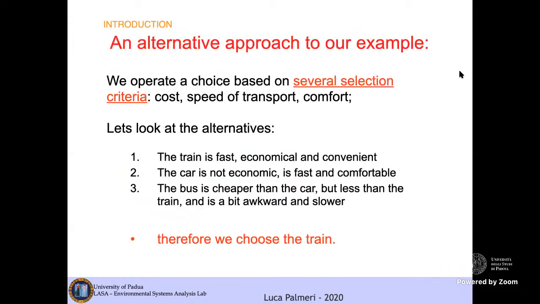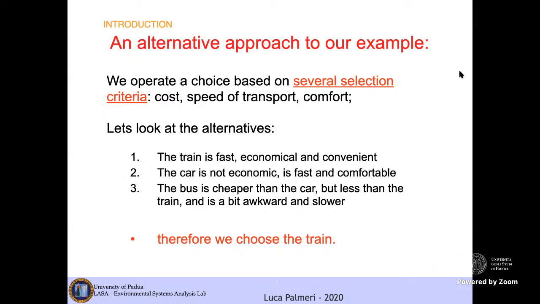An alternative approach to our example is to make a choice that is based on several selection criteria. For example, instead of only employing cost, we may be more sophisticated and include cost, speed of transport, and comfort.